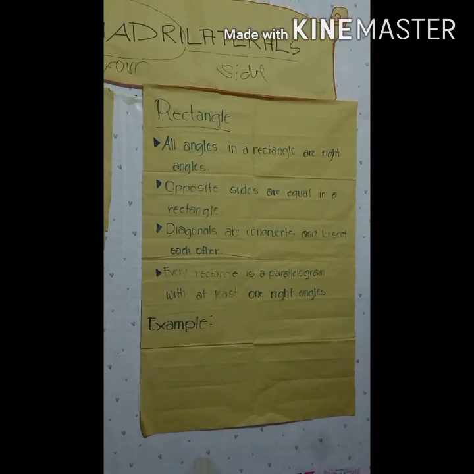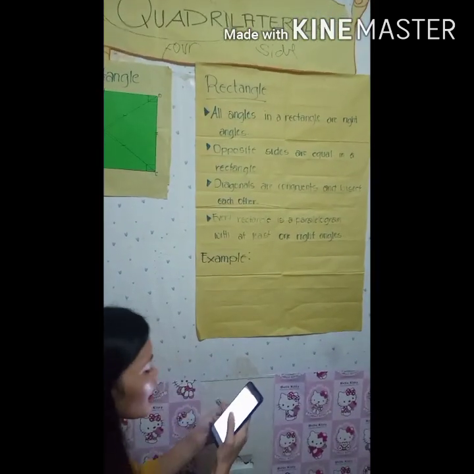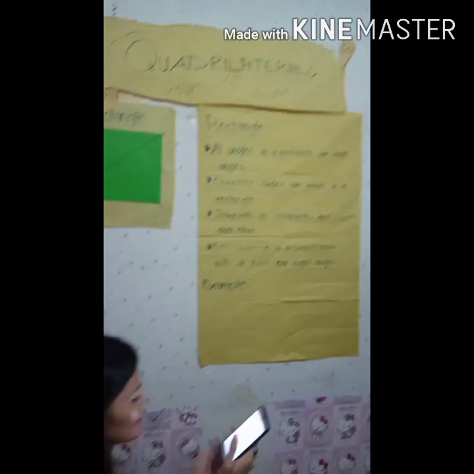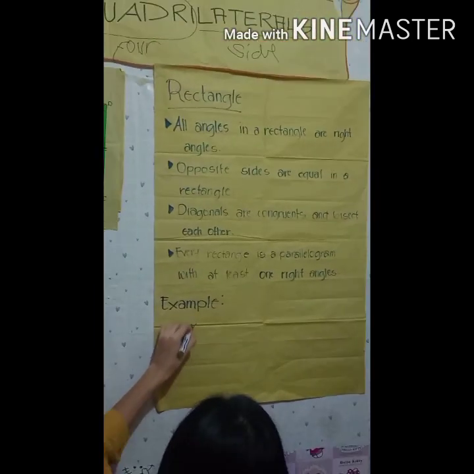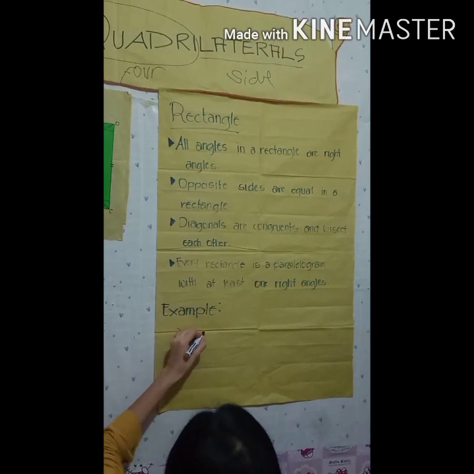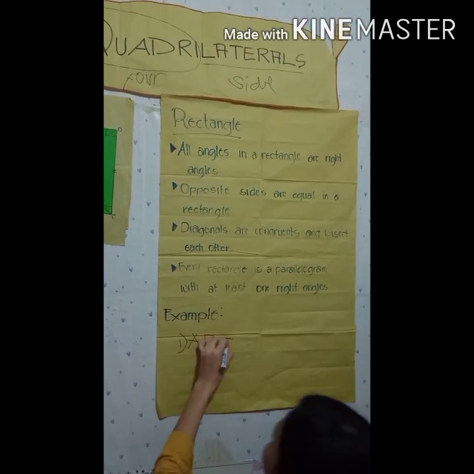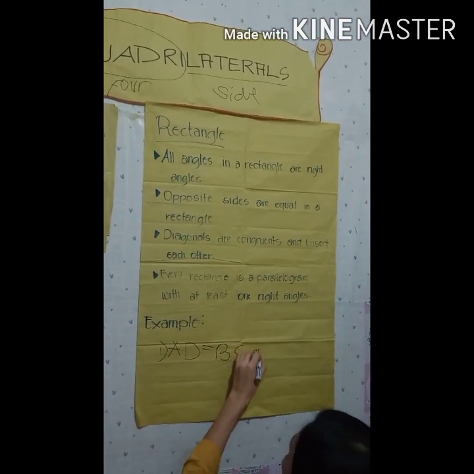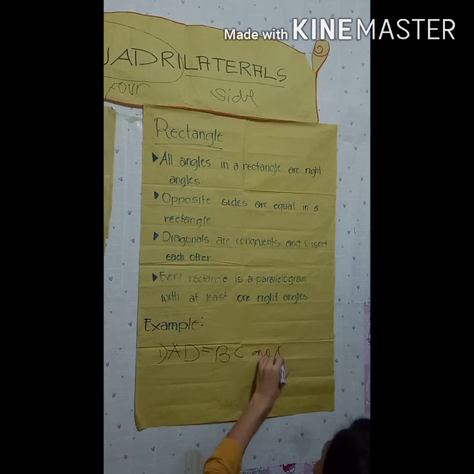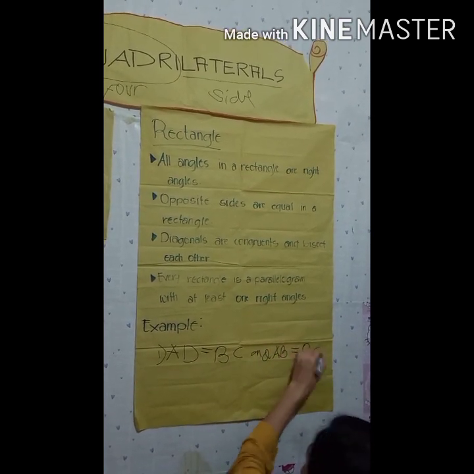Let me cite an example. Number 1, the opposite sides are equal in length. So AD is equal to BC, and AB is equal to DC.